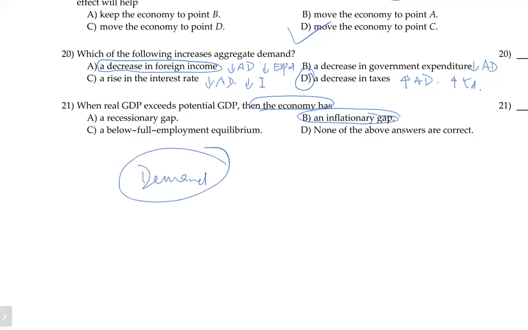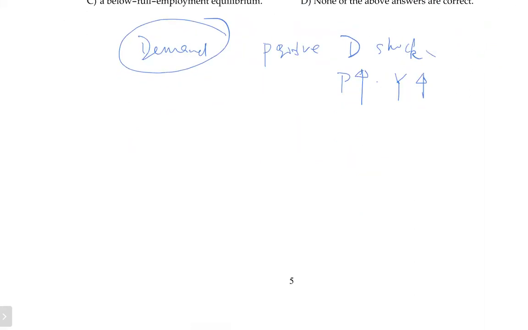And you must realize this is going to be caused by a positive demand shock. Okay? So this positive demand shock leads to an inflationary gap. So P is going to increase. Y is going to increase. Right? So this is 21.